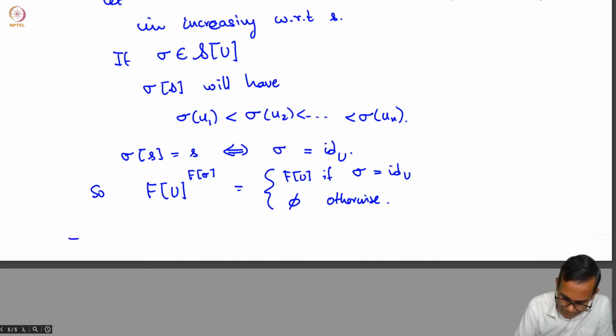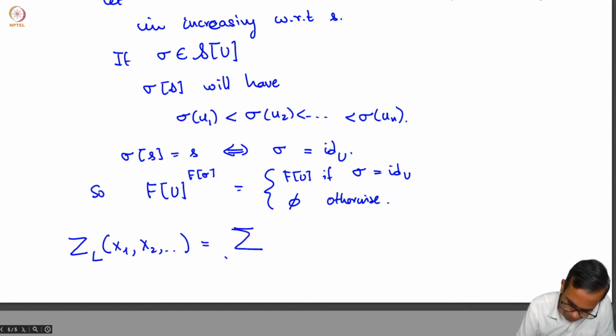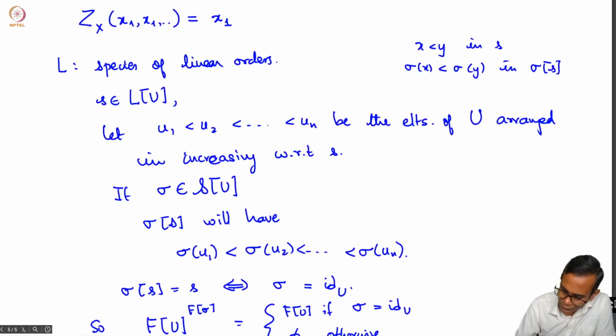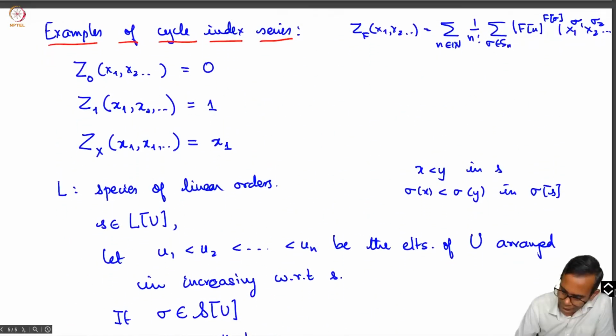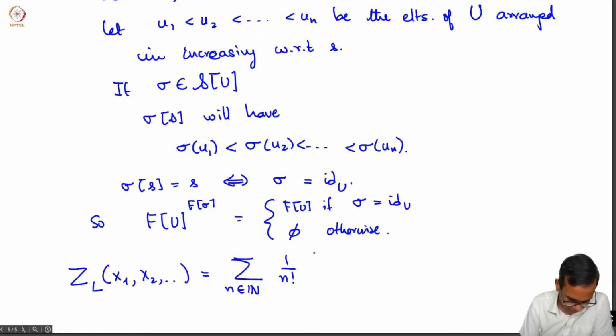So what we get is Z_L(x1, x2, ...) equals the sum over n in N of 1 over n factorial. Now there's only one term sigma in S_n which will correspond to the identity, and that will just be the number of L-structures on n, which is n factorial.